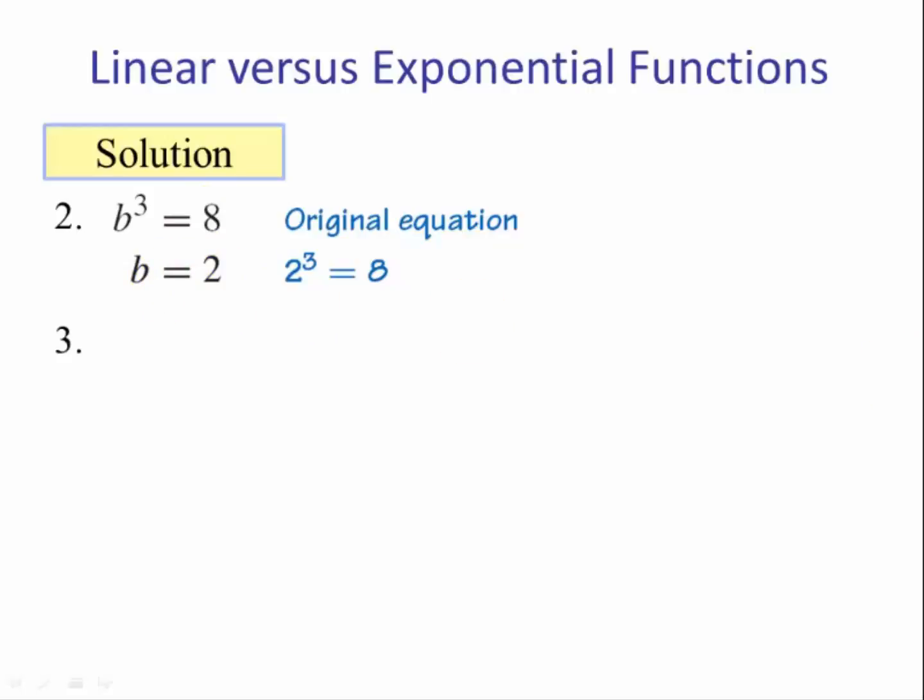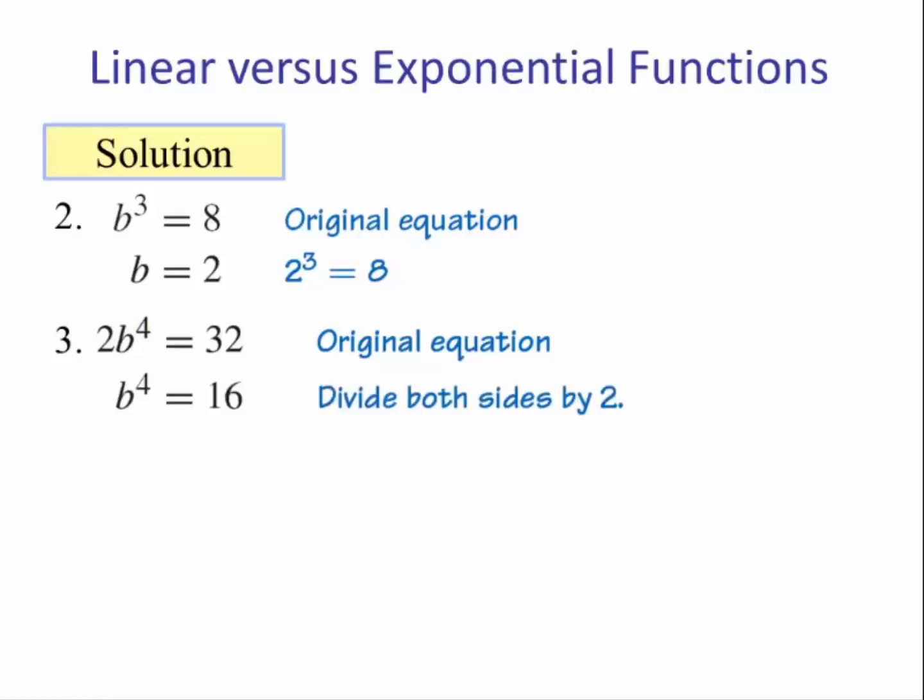Number 3, we have 2b to the fourth equals 32. To get b by itself, I need to get rid of the power of 4 and I need to get rid of the 2. For this example, I want to divide by 2 first. We get b to the fourth equals 16. Now, to get rid of the power, I raise both sides to the 1/4 power, and 16 to the 1/4 is 2.